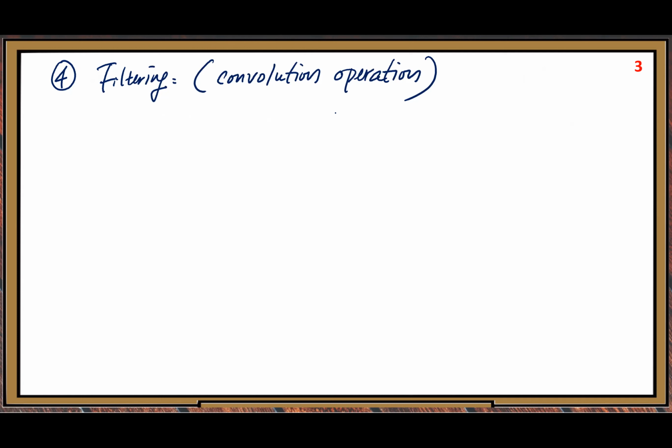Suppose when we start, we have a sequence of data, or signal, and we apply a digital filter here. This H filter, and the input X sequence, the output Y sequence.